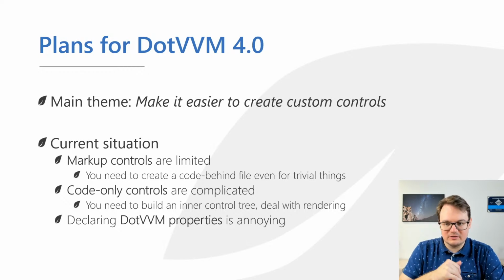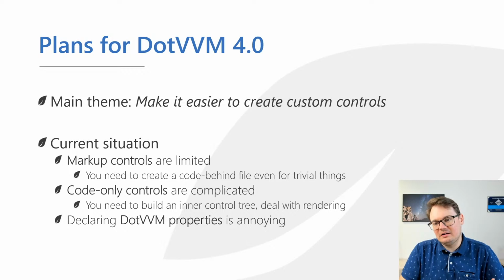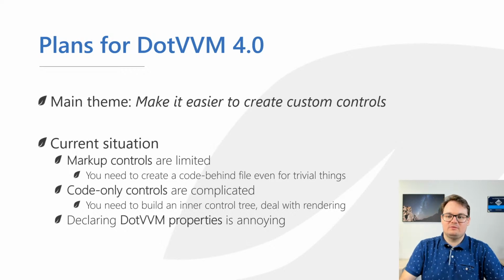There is a quite steep learning curve, so if you want to build your own controls in .vvm, it's possible, but the framework doesn't help you much with this, and you need to know a lot about how .vvm works internally.